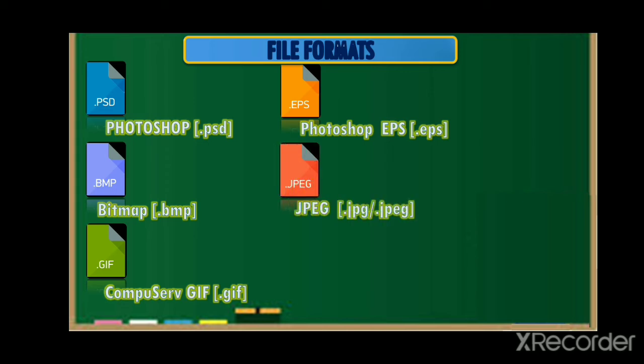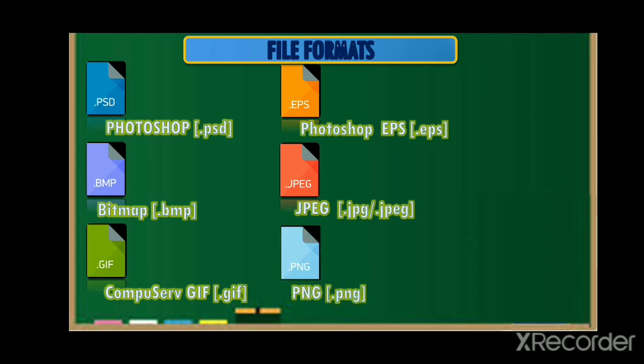Next is JPEG. JPEG means Joint Photographic Experts Group. It is a compressed format typically used for placing photographic images on the web.